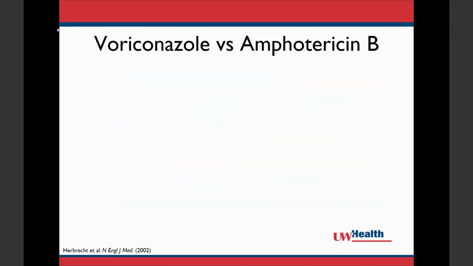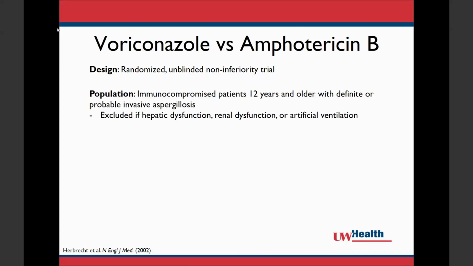So now we will talk through some comparisons between the antifungal agents. One study looked at Voriconazole versus Amphotericin B, and this was a non-inferiority trial. The population was specifically immunocompromised patients with definite or probable invasive aspergillosis. They were excluded if they had any renal or hepatic dysfunction, or if they needed any additional respiratory support through ventilation.